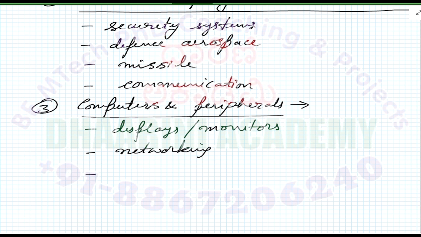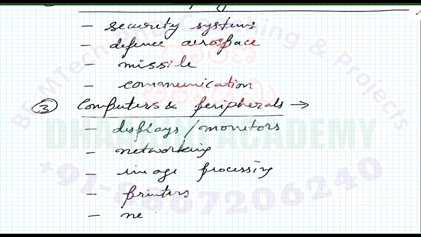You use it in scanners or cameras, etc. So they belong to a category called image processing. Then in order to get something printed out, you need a printer, right? So you use them in printers. Also, you use it in specific network hardware called network cards.